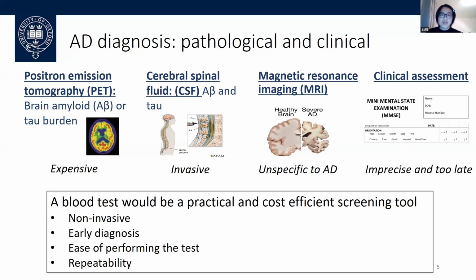In comparison to these methods, the blood test is a much more practical and cost-effective screening tool because it has lots of advantages. For example, it's non-invasive, it can be used for early diagnosis, it's easy to perform, and can be done repeatedly if necessary.